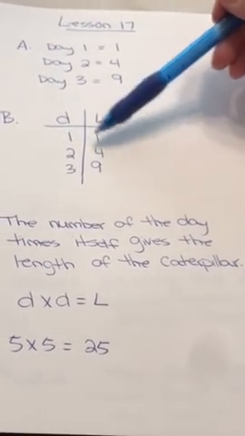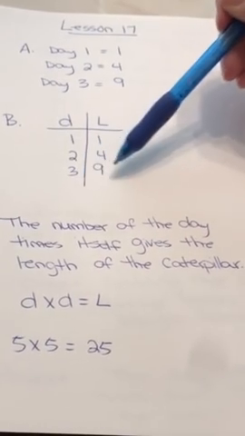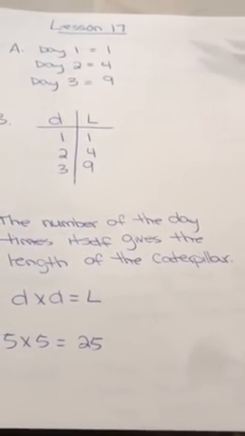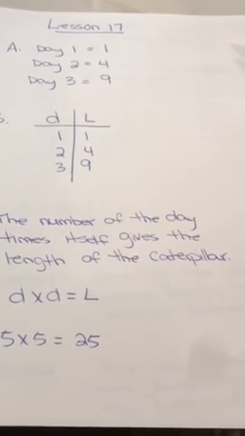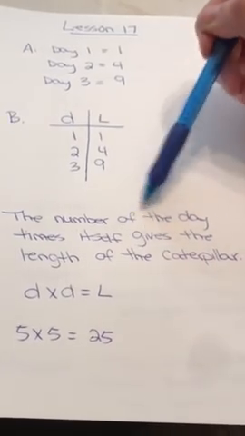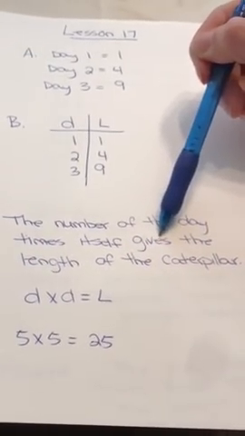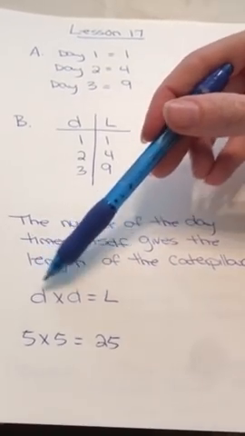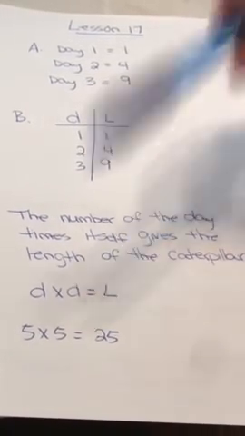That's what you should have noticed when you were looking at the relationship between D and L. And if I describe your relationship using variables underneath C, that's exactly what it is. So this is me describing this rule in words. This is me describing this rule using variables. D times D equals L.